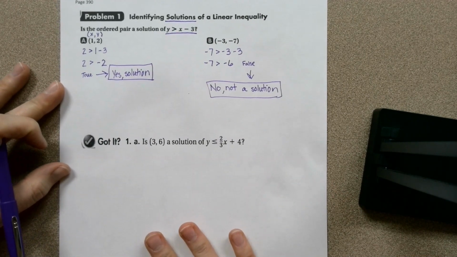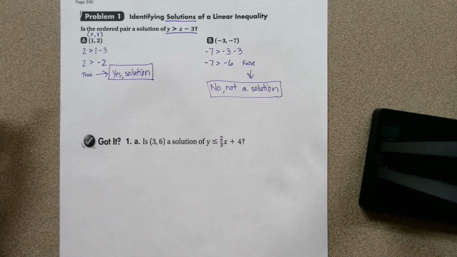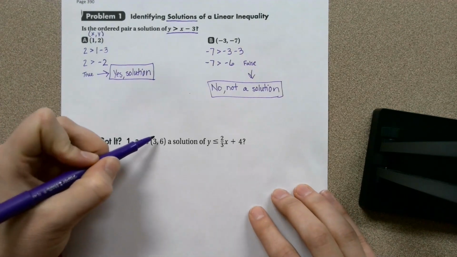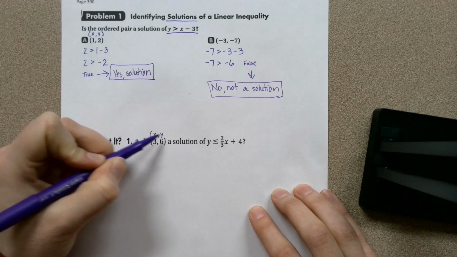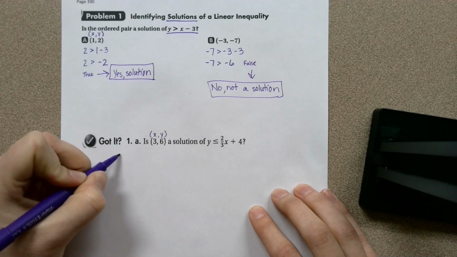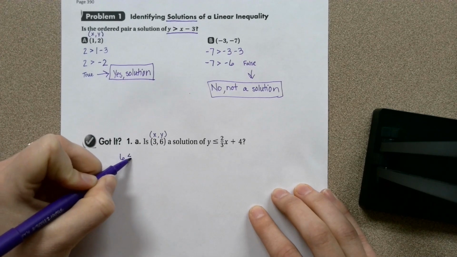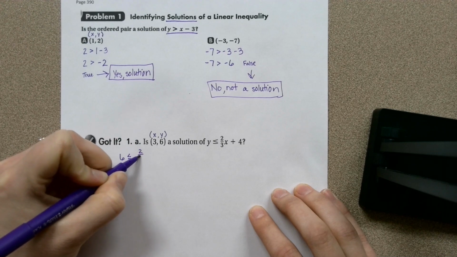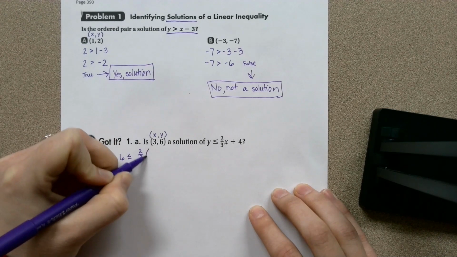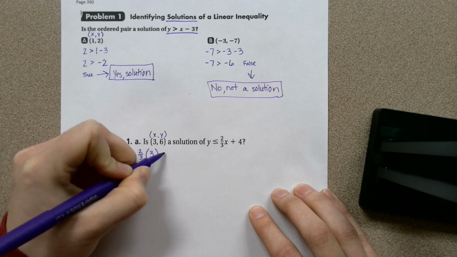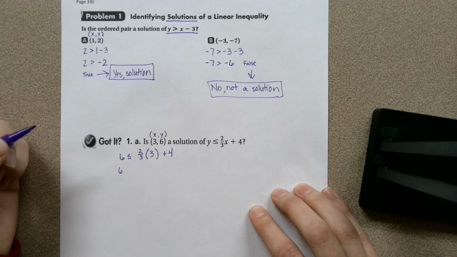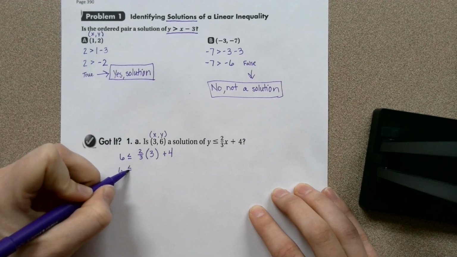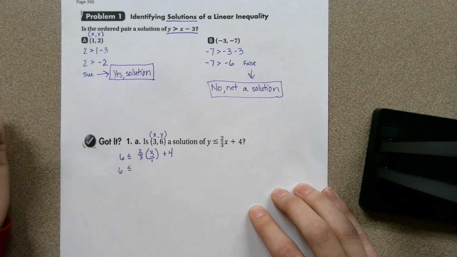So let's see an example where we have fractions instead. We treat it the same way. We plug 3 in for the x value, 6 in for the y value. So we would say 6 is less than or equal to 2/3 multiplied by that x value of 3 plus 4. And we need to simplify it. Nothing to simplify to the left of our inequality symbol. We can write this 3 over a 1 to multiply.